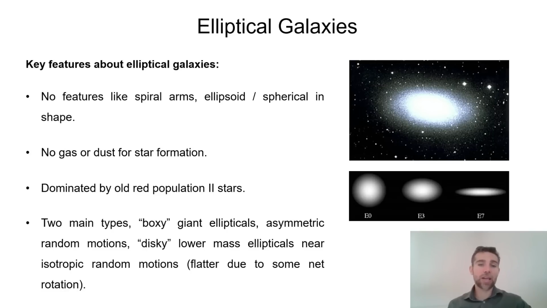Now on to elliptical galaxies. Again, we're going to do a full lecture on these, but these are fairly featureless, and some general rules really for elliptical galaxies. They don't have spiral arms, they are ellipsoid, or they're spherical in shape. They can actually be anywhere from perfectly spherical to almost cigar shaped.